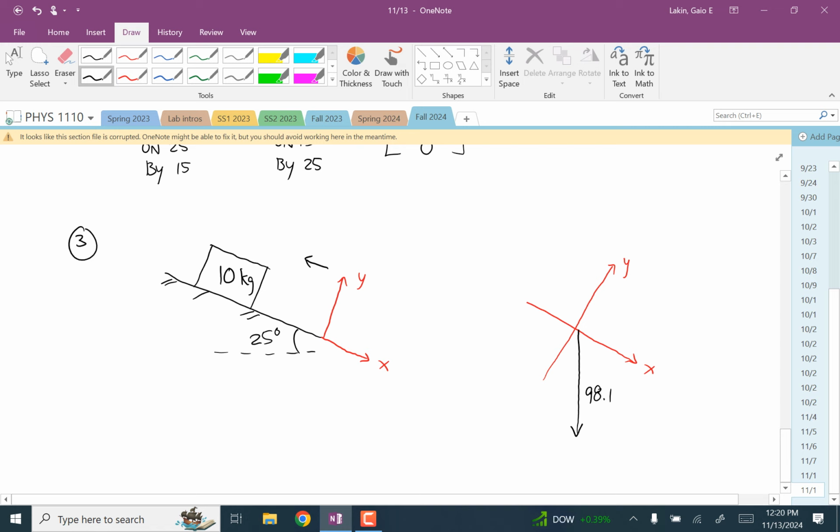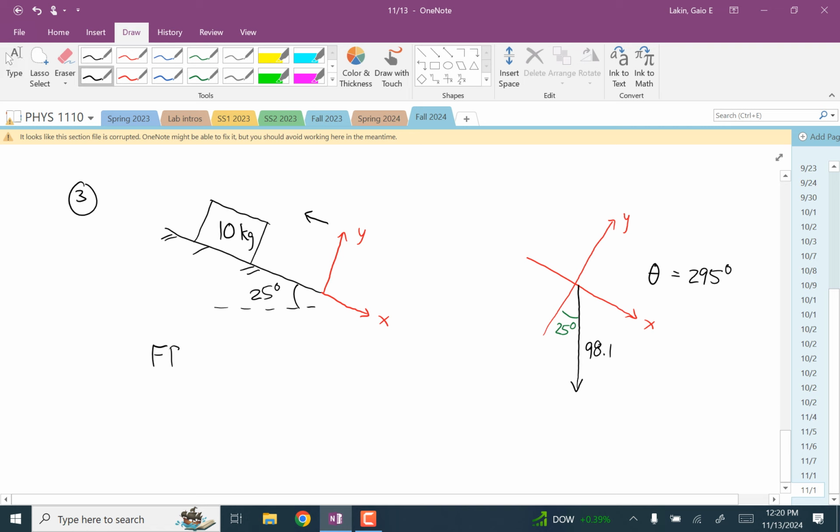I haven't even drawn the free body diagram yet, but I'll do that next. And so to get from the x-axis to the weight force, that angle is 295 degrees. Okay, so the weight force is going to be 98.1 times the cosine and sine of 295.